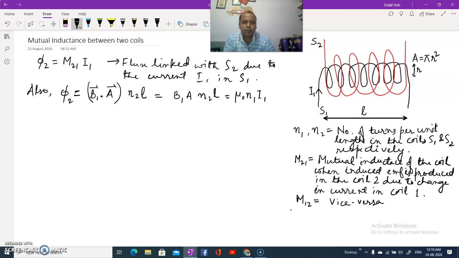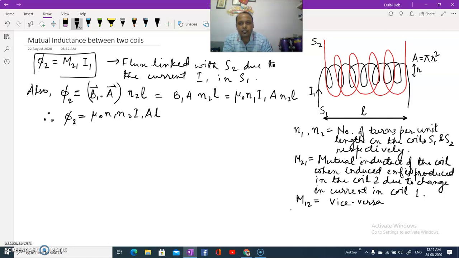This is the value of B1, into the area A into N2 L. So finally phi 2 can be written as mu naught N1 N2 I1 A L. Now you can see we have two values of phi 2.